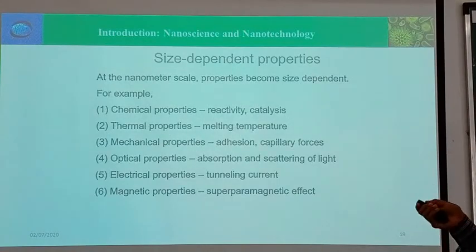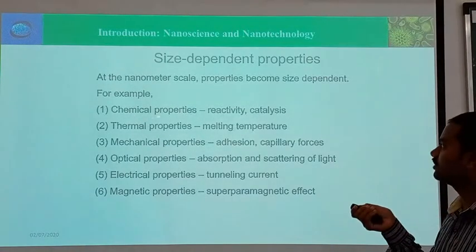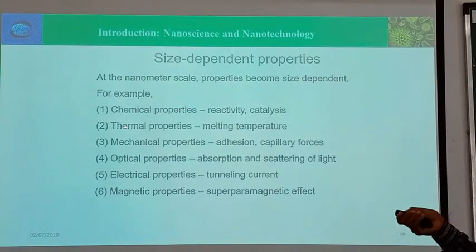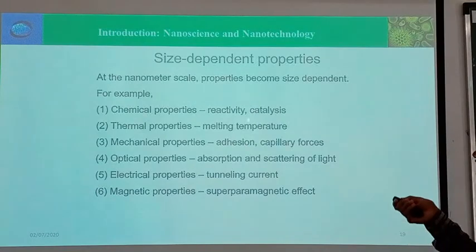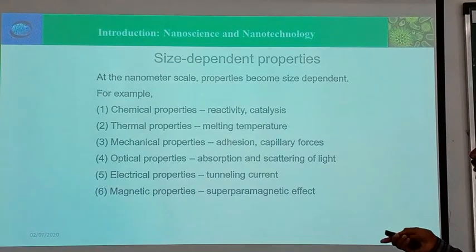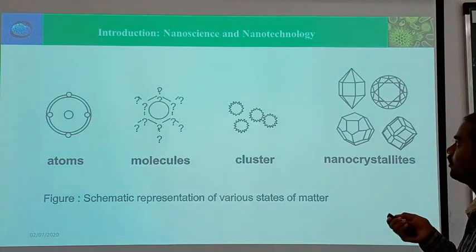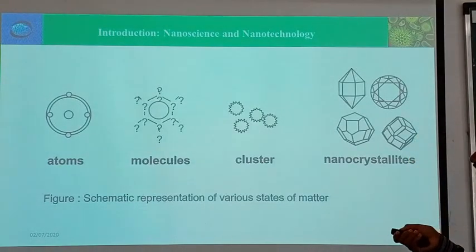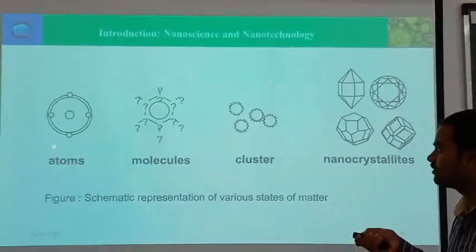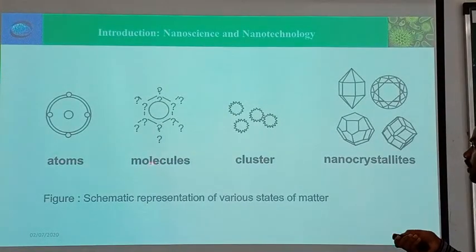Now, size dependent properties. Some properties are related to size, like chemical properties, thermal properties, mechanical properties, optical properties, electrical and magnetic properties. These are the size dependent properties, and these are particular cases for those properties. Now we are going into details of the nanometric scale, starting with the atom. Atoms come together to form molecules, molecules come together to form a cluster, and clusters form nanocrystalline materials or nanocrystals.